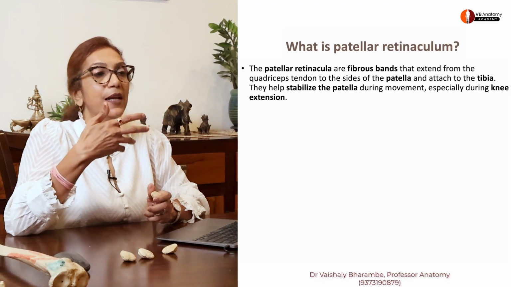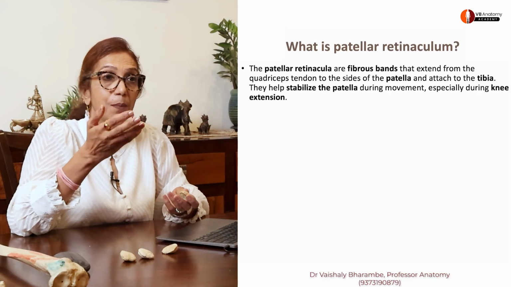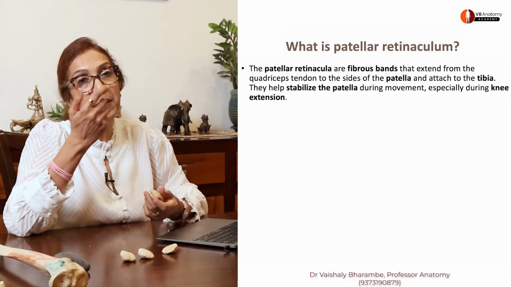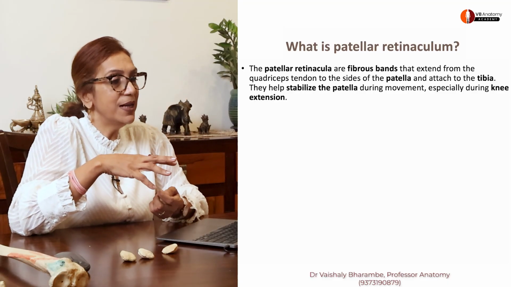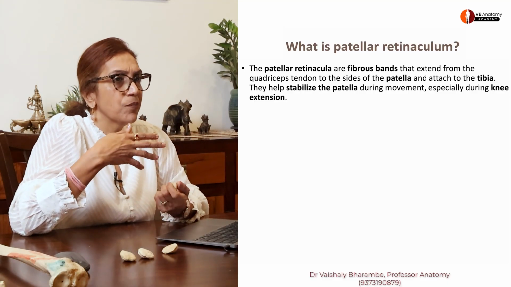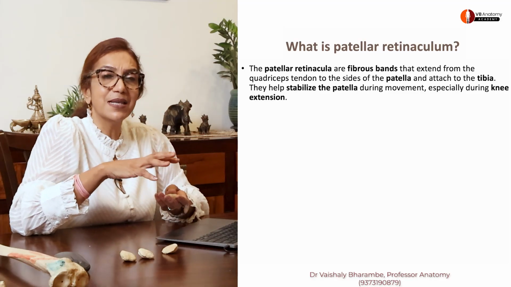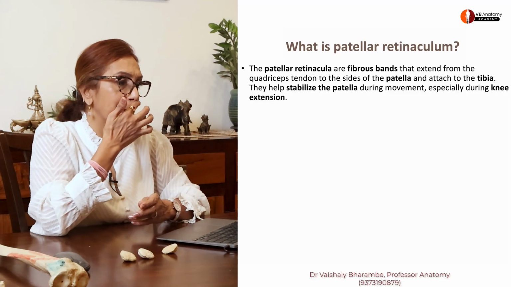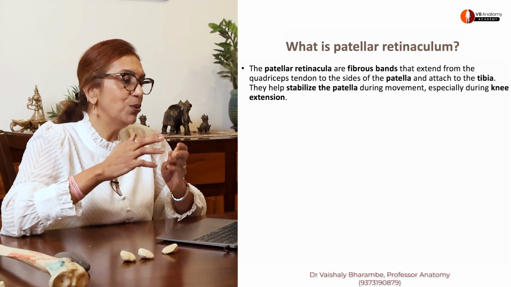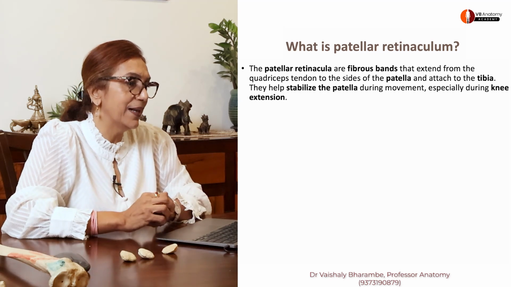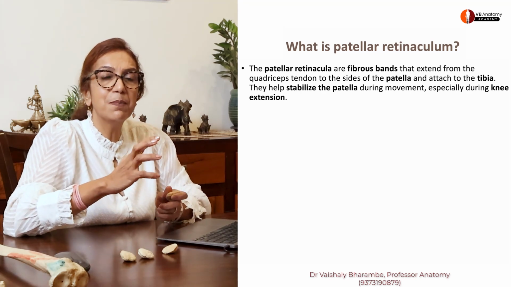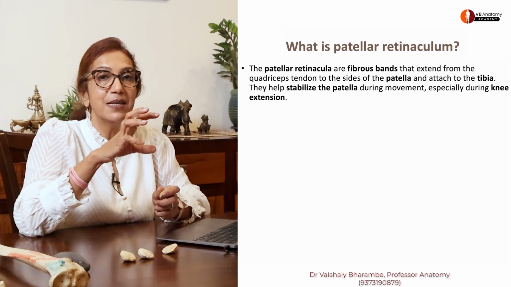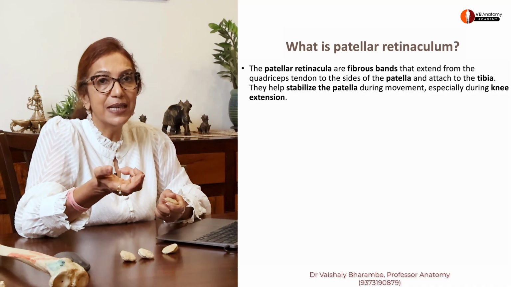Now, what is patellar retinaculum? I have talked about medial patellar retinaculum, lateral patellar retinaculum. Actually, they are a part of the capsule as well as the muscles that are present here. So they will help to stabilize your patella. They're kind of fibrous bands. A lot of books have described them as thickenings of the capsule itself.